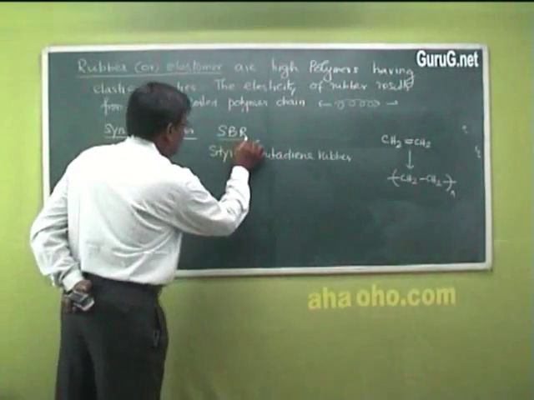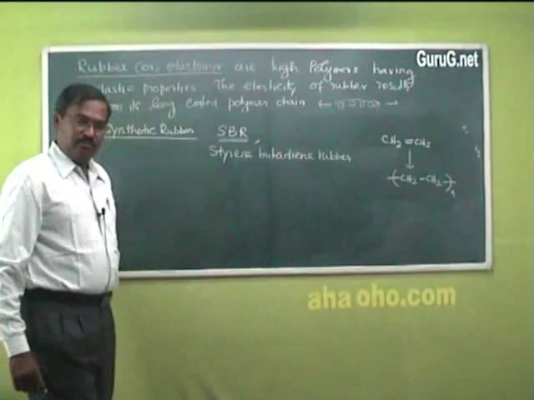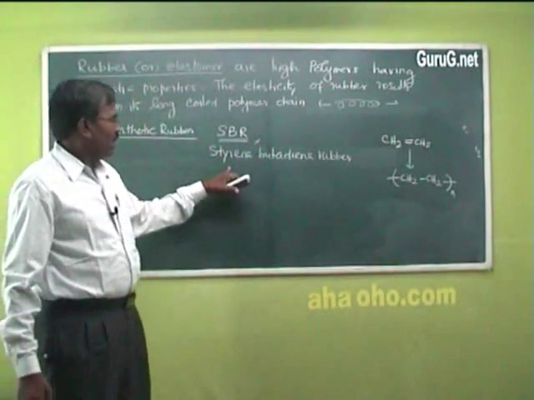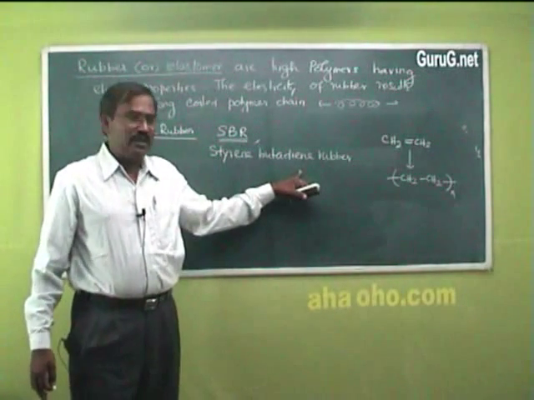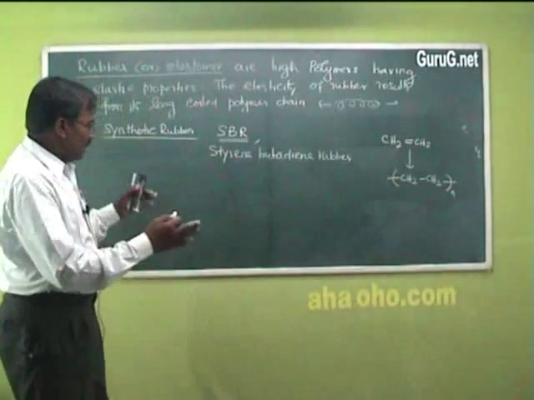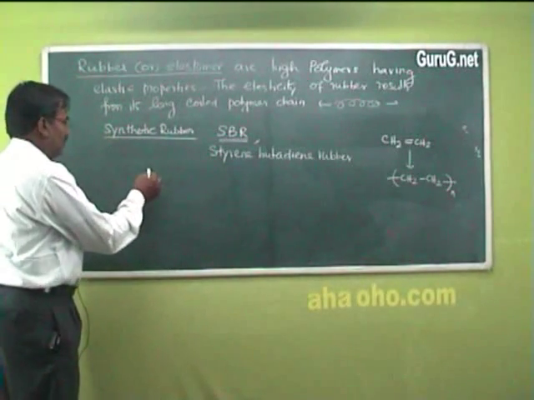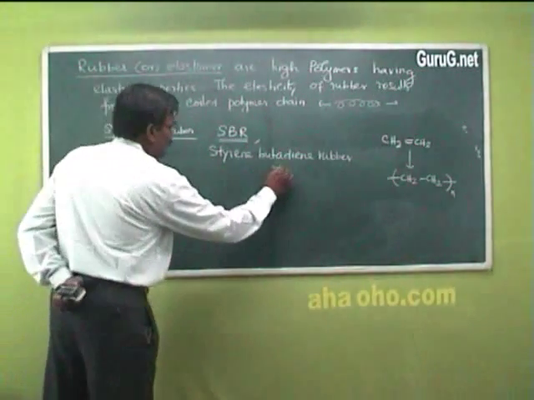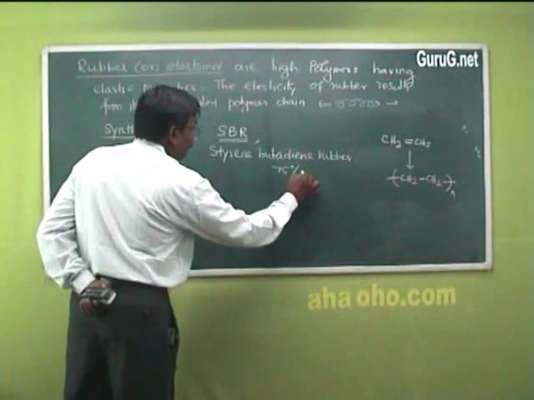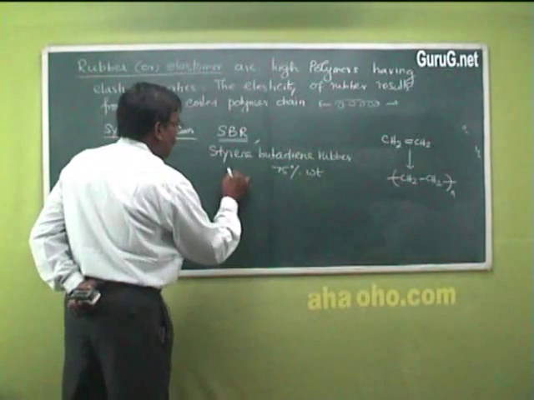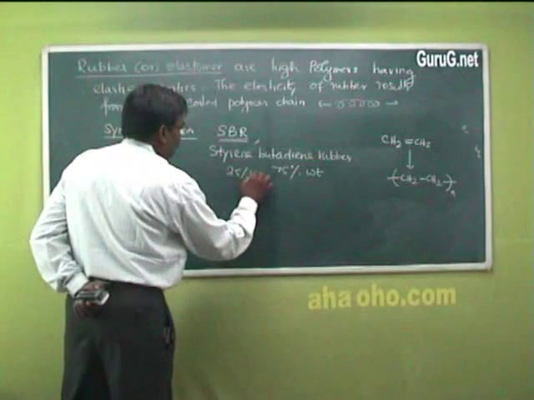When you are seeing this SBR, styrene butadiene rubber, we are not taking the styrene monomer and butadiene monomer in the same ratio. They are taken in different ratios. That is, they have taken 75% by weight of butadiene and 25% by weight of styrene.